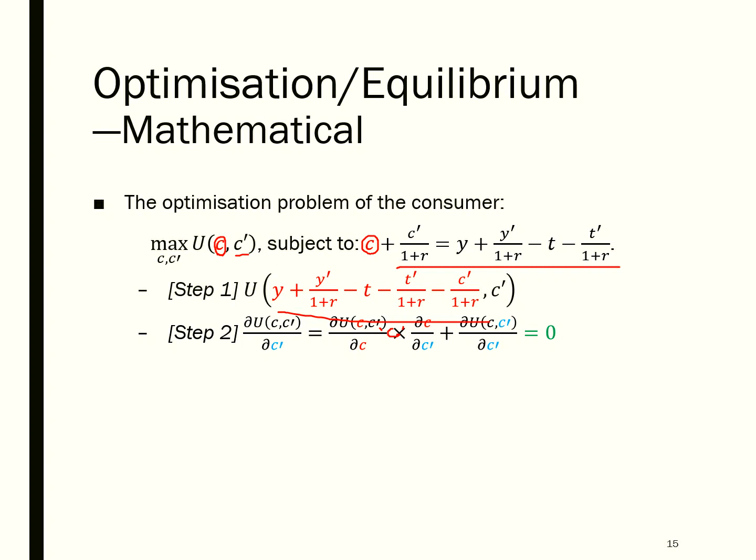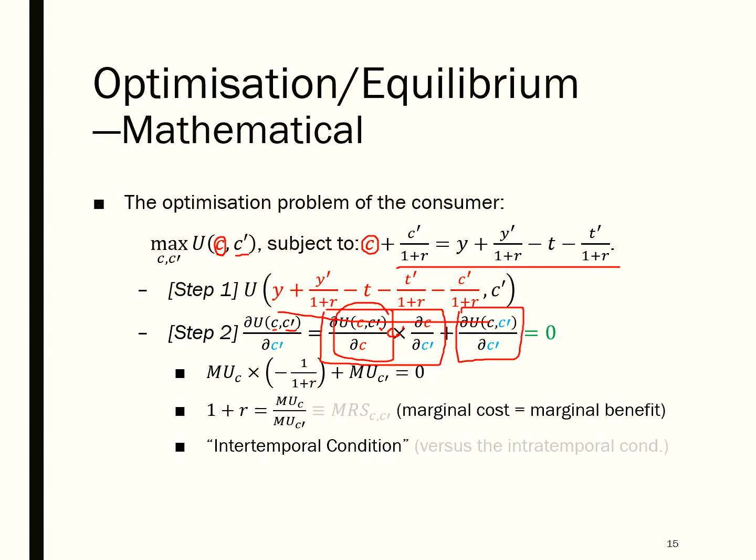The derivative of utility with respect to C is just the definition of marginal utility of current consumption. The derivative of C with respect to C prime is just a coefficient of the budget constraint, that is -1/(1 plus R). And the derivative of utility with respect to C prime is the definition of marginal utility of future consumption.